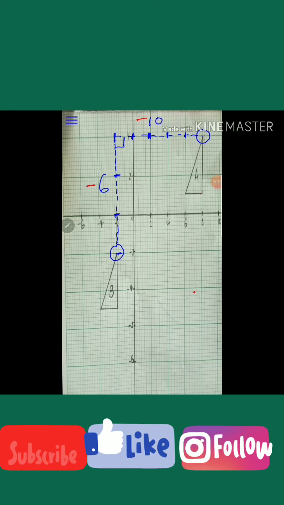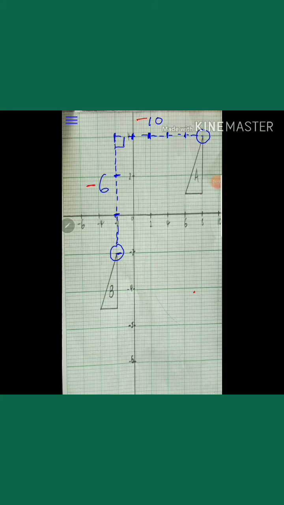So the translation vector is (-10, -6), starting with the x coordinate. So this is a translation with the vector (-10, -6). This is another way of finding the translation vector. It's true for every point; I only chose this one and this one, but it's true for whatever point you like.